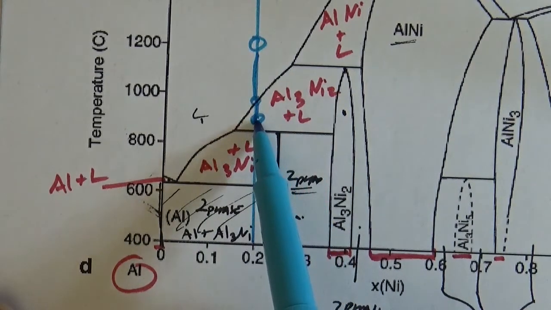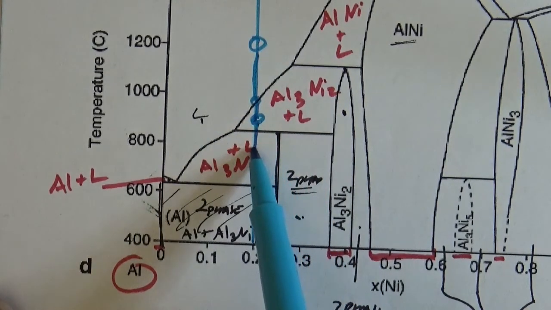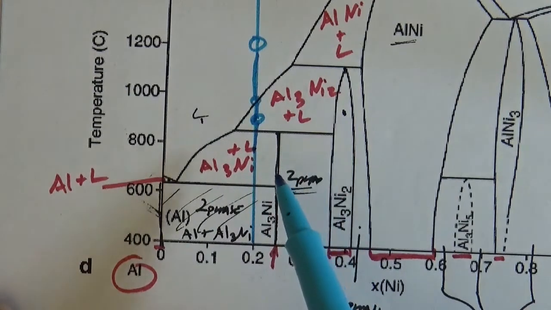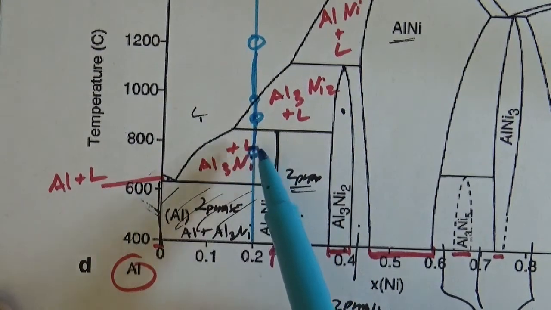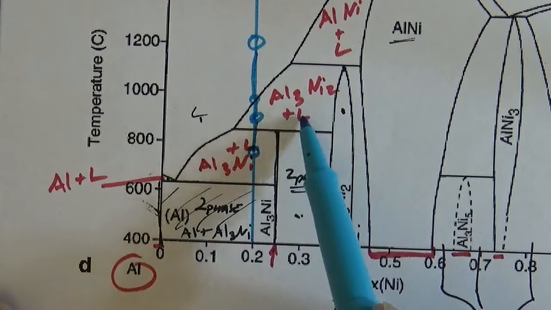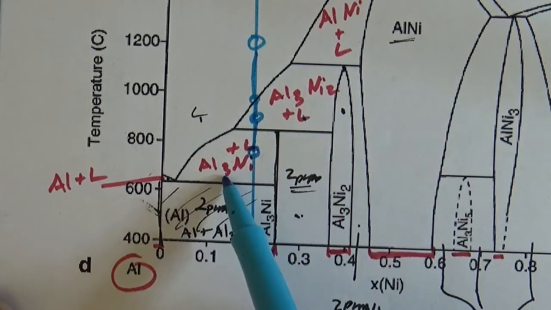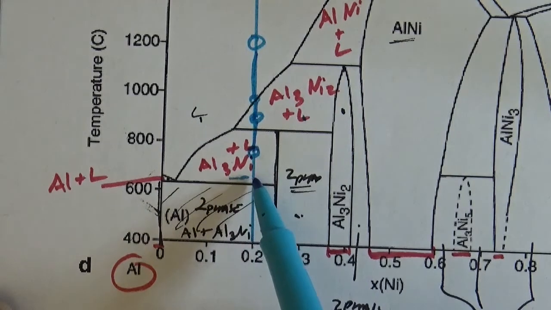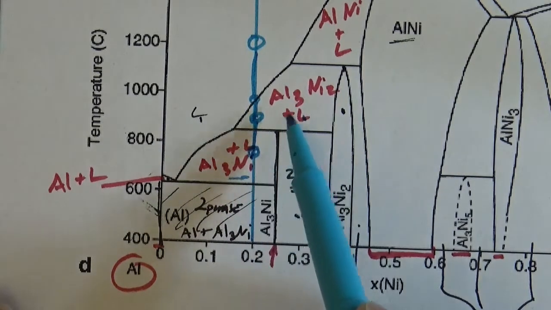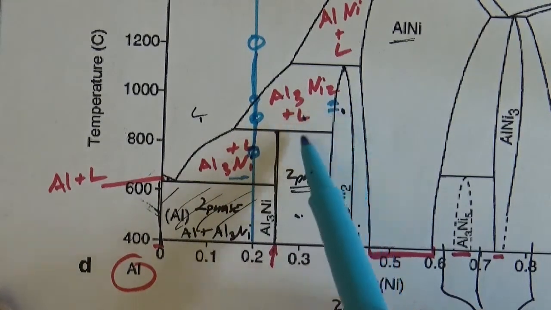We keep coming down, we cross, and when we cross, we've changed regions. We still have liquid, but now in this region we have Al3Ni instead of Al3Ni2.